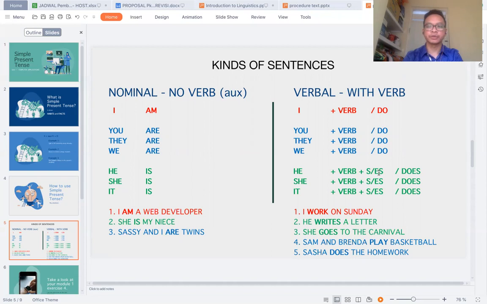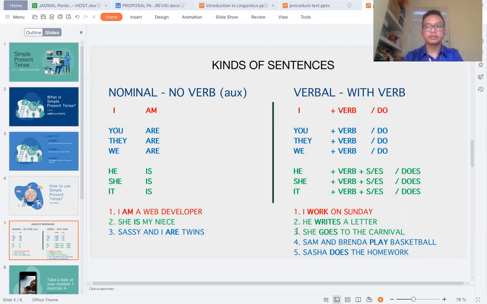Kapan Pak menggunakan es, di sini cuma s saja. Nah, whenever the ending letter of the word is a, i, u, and o, jadi kata huruf vokal ya, huruf vokal selain E itu harus ditambahi ES, begitu.